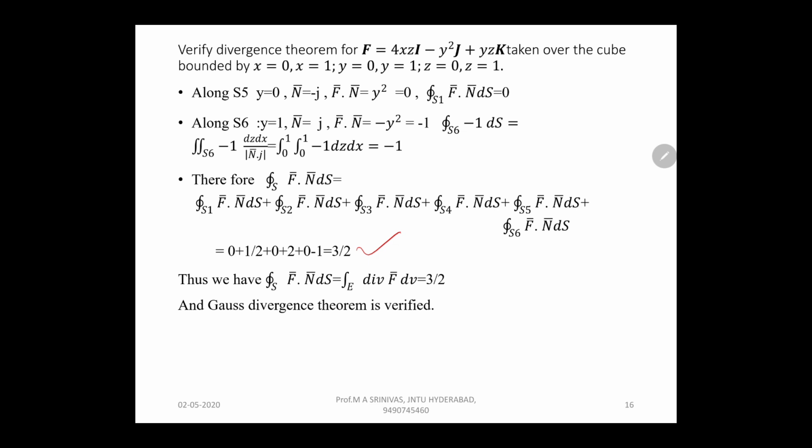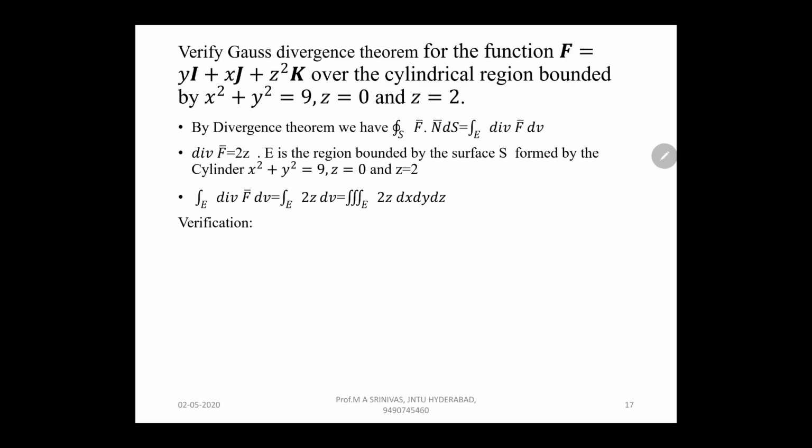Verify the Gauss divergence theorem for the function f bar given like this over the cylindrical region bounded by x square plus y square is equal to 9, z is equal to 0 and z is equal to 2. Here this is the x-axis, y-axis and this is the z-axis. X square plus y square is equal to 9 is a cylinder which goes up to infinity and below also up to infinity.